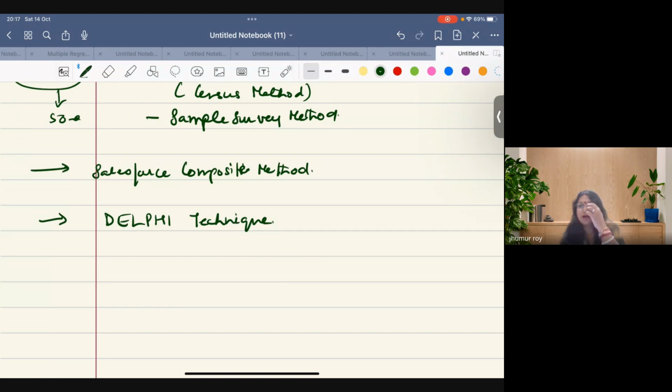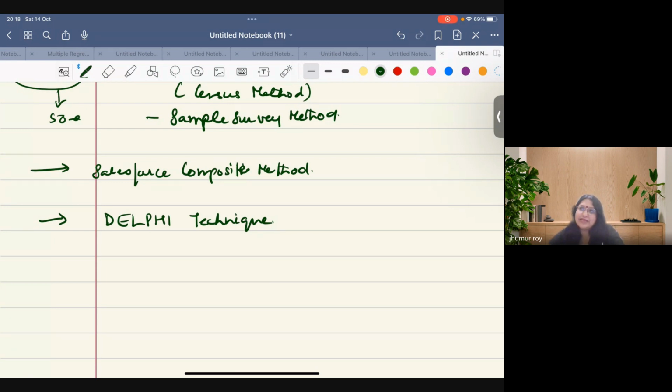So these people come together, and when they come together, they will discuss, and they'll say, I think the production should be increased only by 5%. So now all the experts have agreed on a point, and that is what will be carried on and used by the firm.